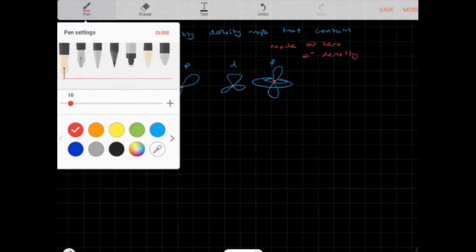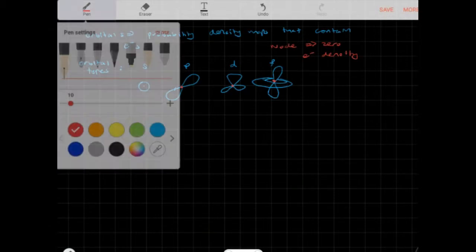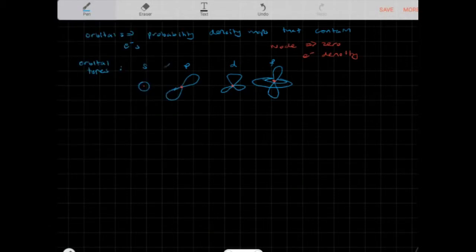And we also noted that the energy of these orbitals followed that the f orbital, out of these four, is the highest energy and the s orbital is the lowest energy, and this is associated with the relative distances, right?